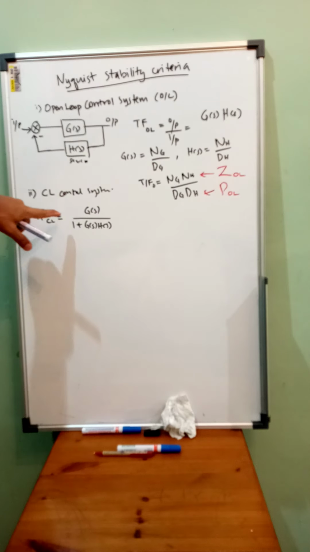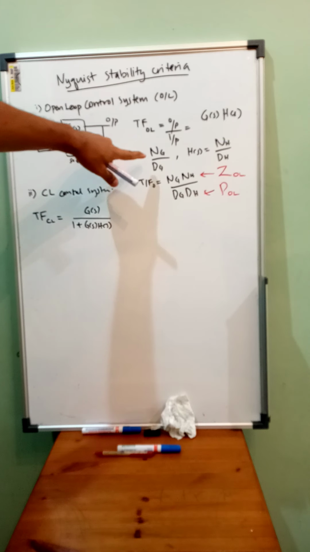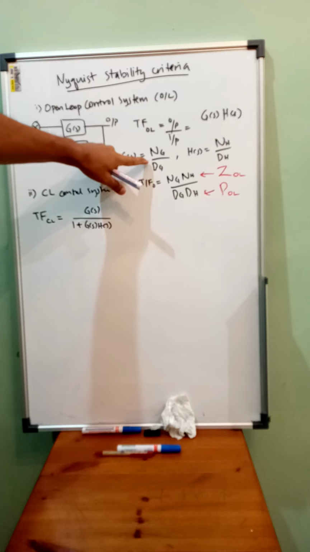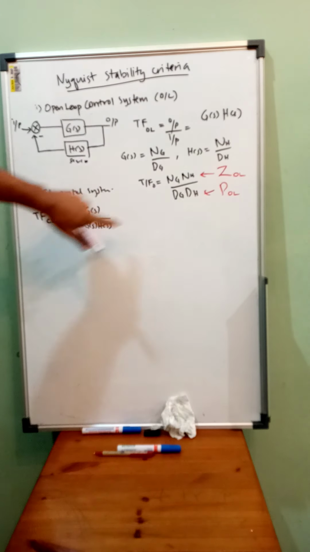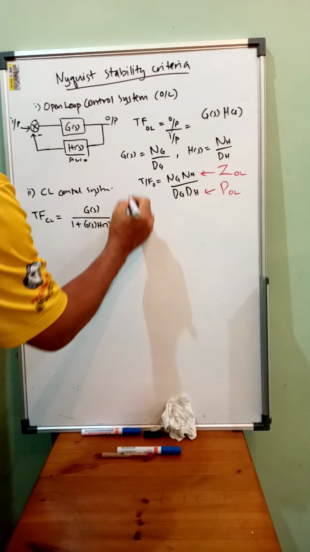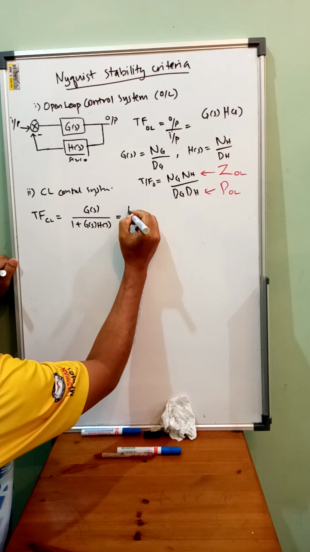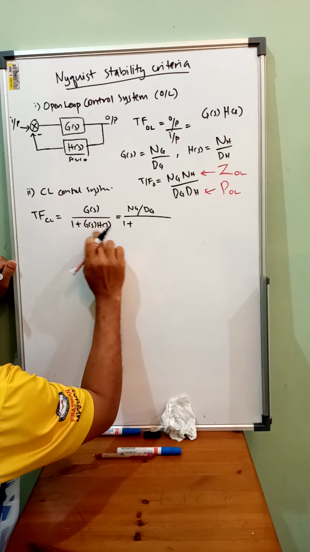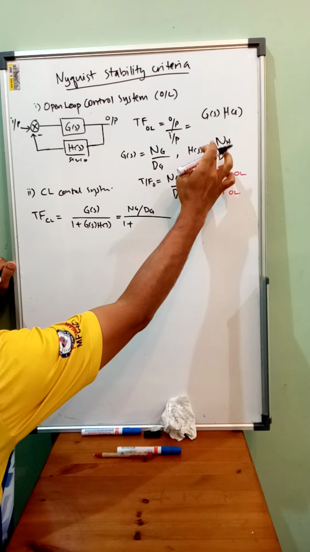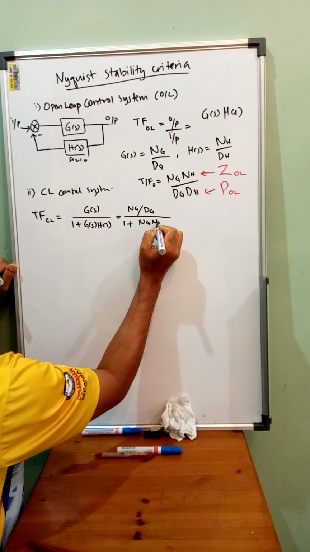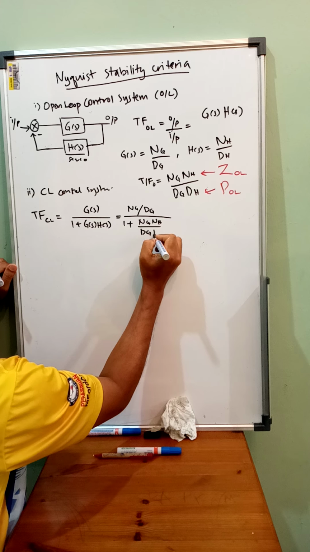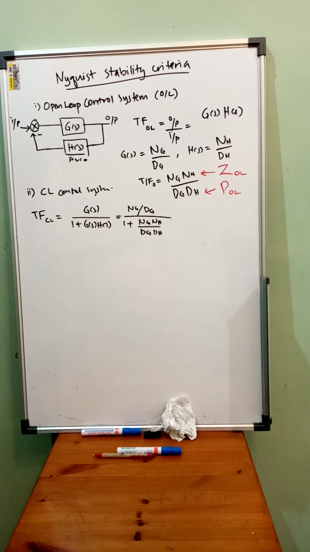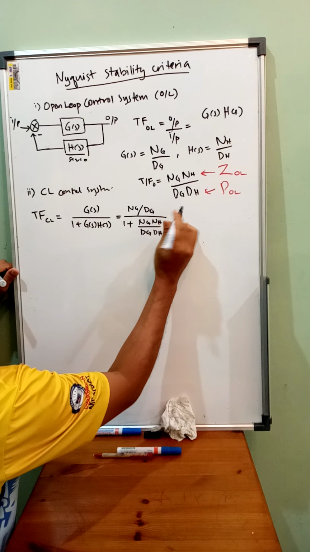Again, this is a polynomial equation, so we can substitute the terms. This becomes NG over dG, divided by 1 plus NG NH over dG dH. Then we can simplify it.